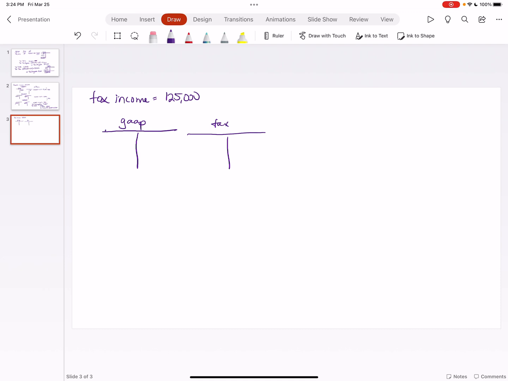So I still have on my balance sheet the $20,000 accrual for GAAP and 0 for tax, which drives the $20,000 difference times 25%. I'm still going to need a DTA of $5,000, ending balance in the DTA of $5,000. Remember, we're going to compare in a minute and see if we actually have something already there.